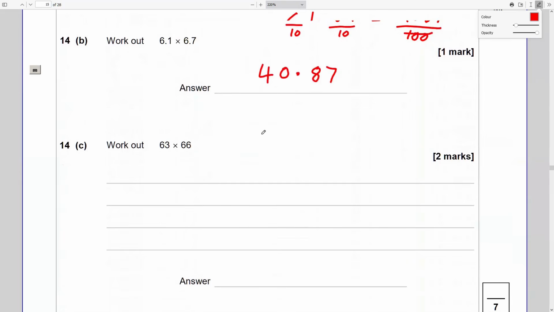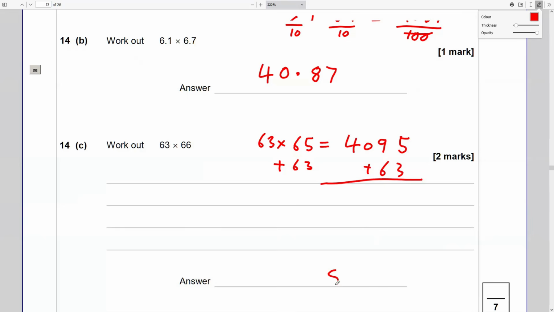So let's make it clear. 63 times 65 plus another 63 to make it 66 times it. 3 and 5 is 8. 6 and 9 is 15. Carry the 1 over and the 4 goes there. Yep, I think that's correct.